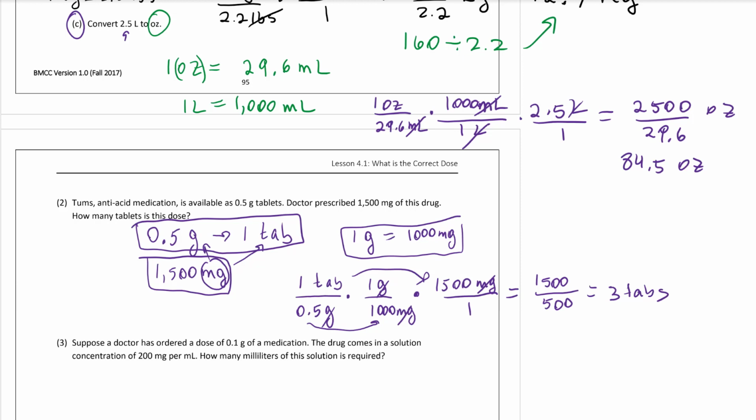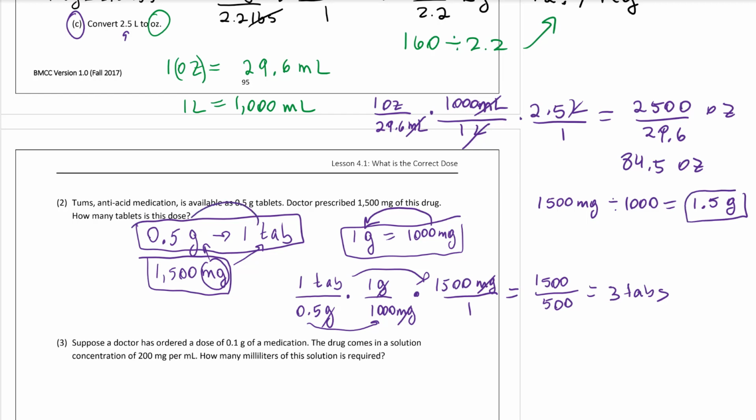Okay, if this does not make much sense, then you can go ahead and use the more conceptual understanding, and that is, okay, we're given milligrams, right? That's how much the dosage was. So then we know in order to go to the grams, we've got to divide it by 1,000, since we're going backwards. That would be 1.5 grams of the medication.